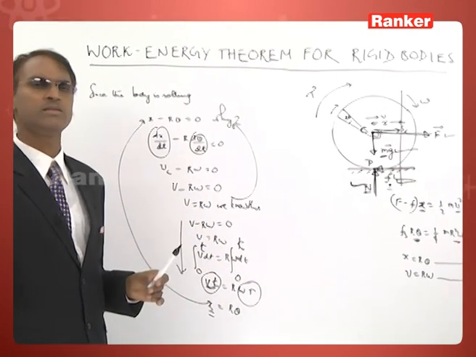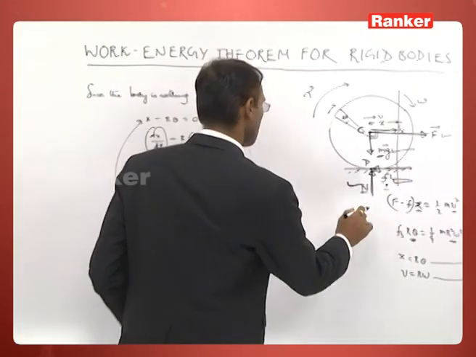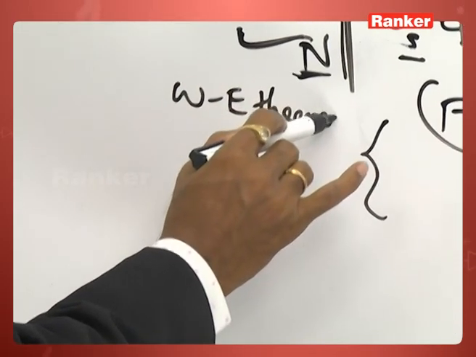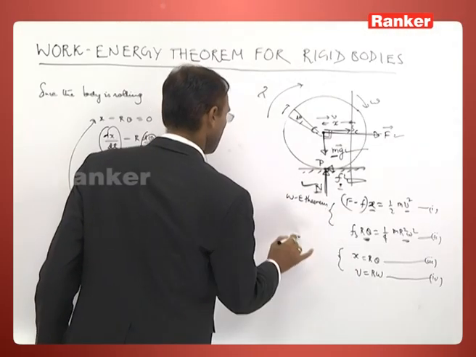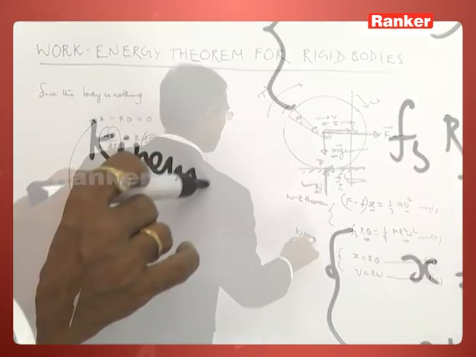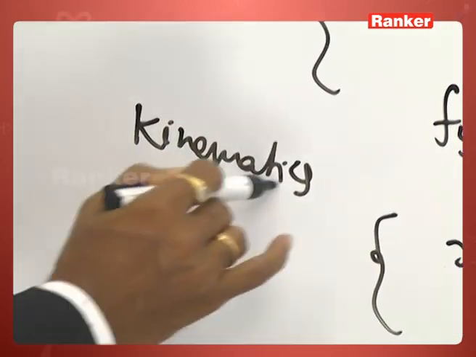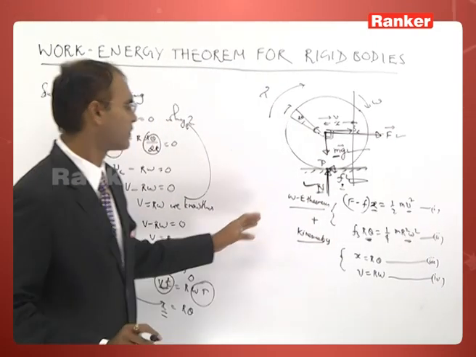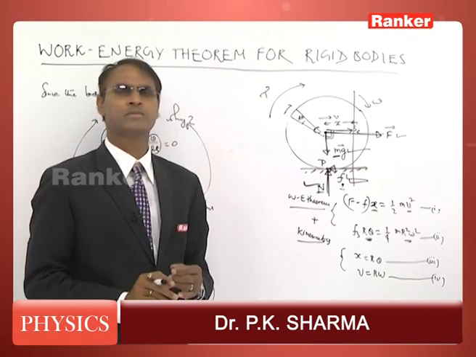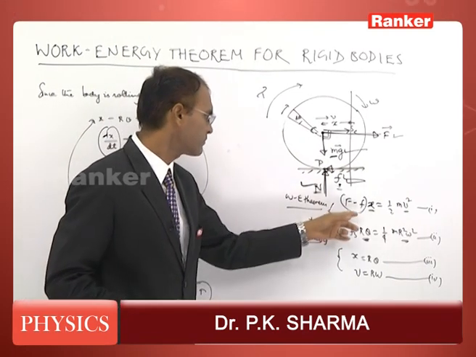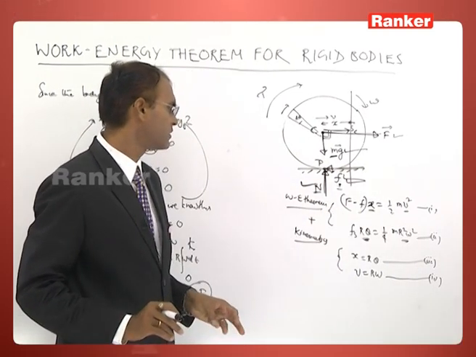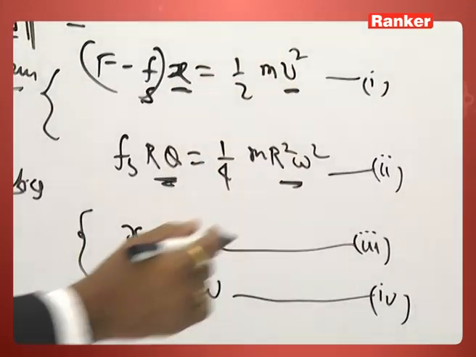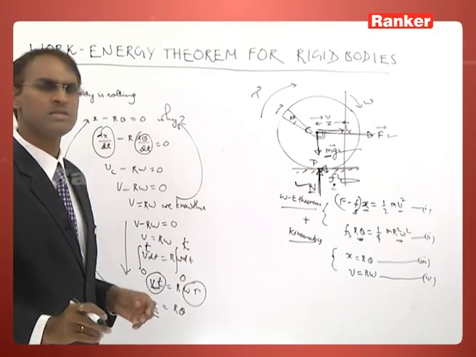Using these 4 equations, this is the work energy theorem, and this is the kinematics. Work energy theorem plus kinematics. Using these two, we can solve the problems to find the frictional force, and the velocity of the center of mass, the omega, all these things you can calculate.